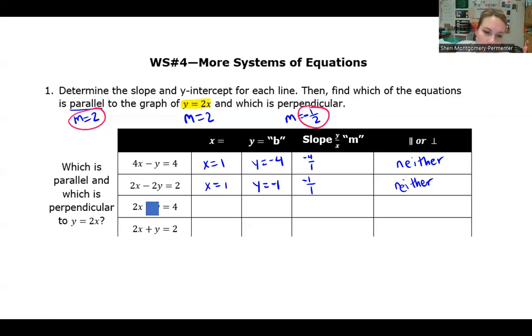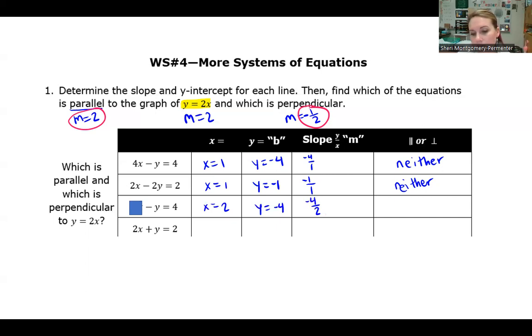All right, so for this one, what is x equal to? 2, very good. And we shift it over. 4 divided by negative 1. Close. Negative 4. So for our slope, we get negative 4 divided by 2.